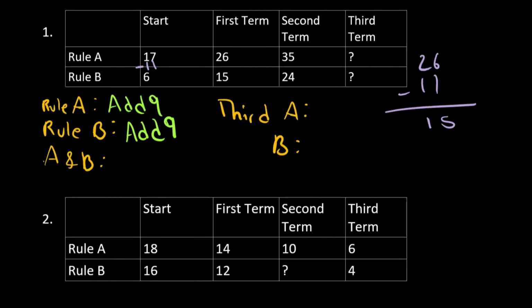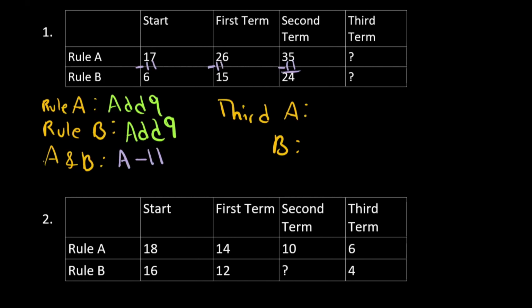So that is 15. So maybe the rule is minus 11. What about 35 minus 11? Well, 5 minus 1 is 4. 3 minus 1 is 2. So, yep, the rule is A minus 11. So A minus 11 is our rule.